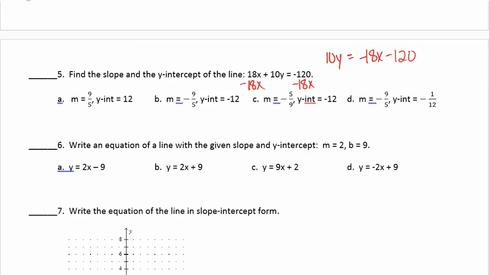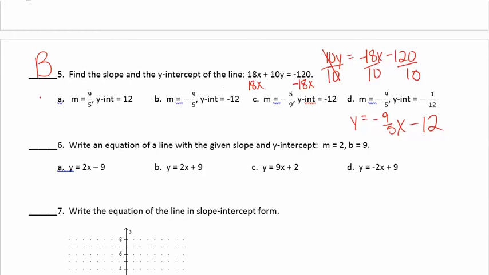Remember, I like to write that x term first. Now we need to divide everything by 10. And that gives us y equals -9/5 x minus 12. So now you're looking for an answer that has a slope of -9/5 and a y-intercept of -12, and that is letter B.